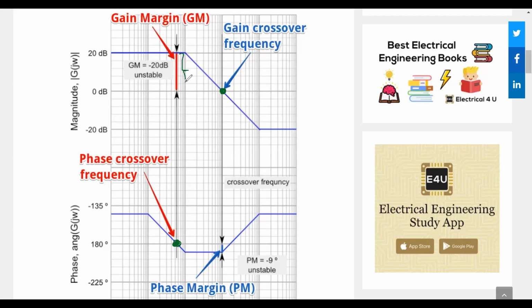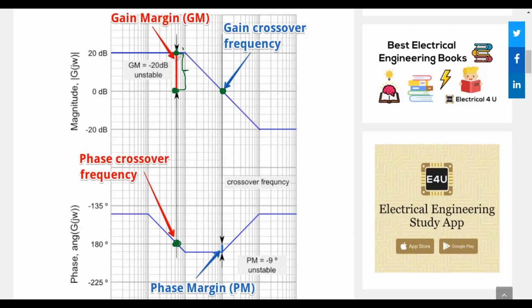And if it goes down by 20 decibels, this point here will be here at 0, exactly when this plot crosses 180.